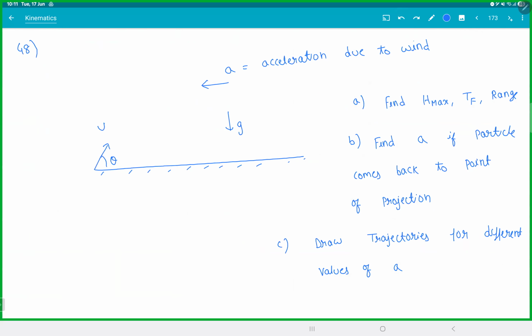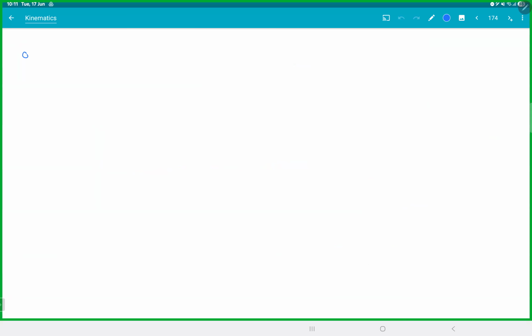Therefore, the Hmax and time of flight will remain the same. U square sine square theta by 2g, time of flight is 2u sine theta by g. You just put one argument and then you write the answers. So for the first one, the answers will be this. If you remember the general formula, Hmax is u_y square by 2a_y. There is no a_x in the formula. U square sine square theta by 2g.